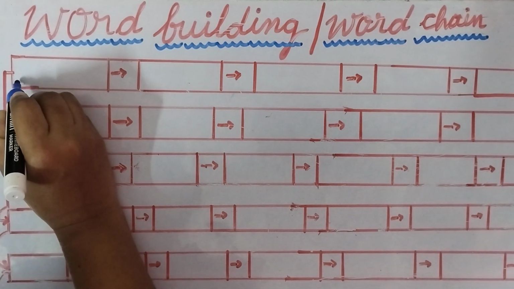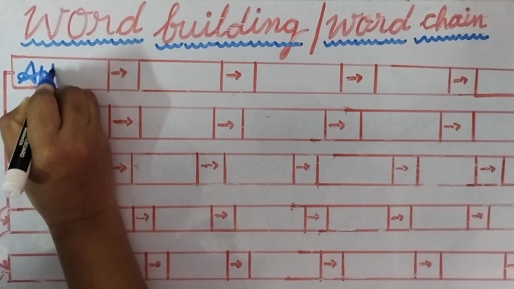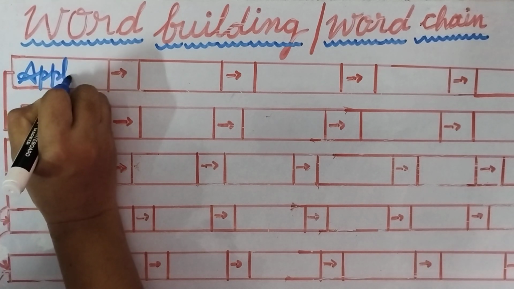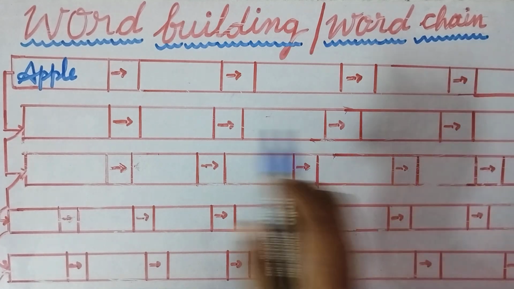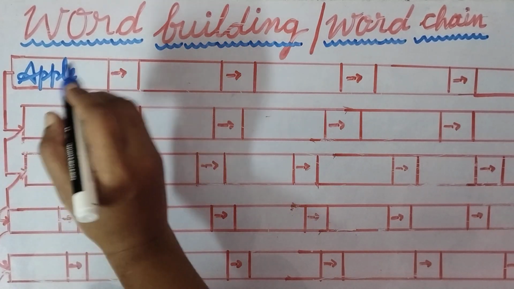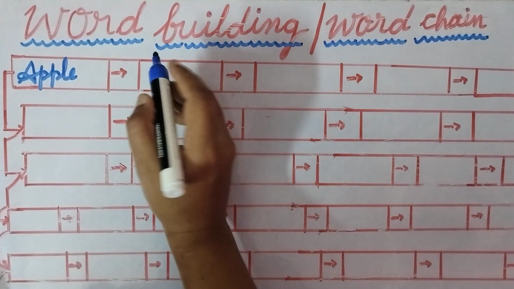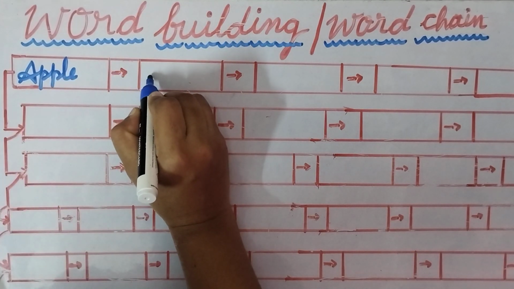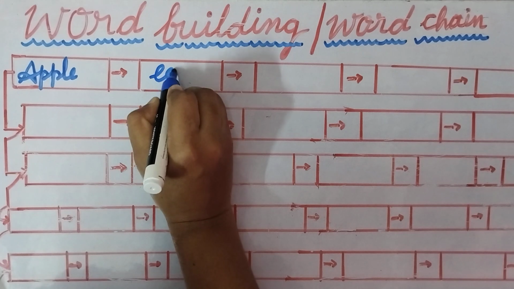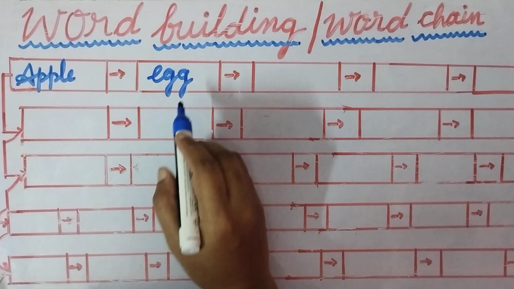Apple, A-P-P-L-E, apple. The last letter is E, so the next word starts from the letter E. E for egg, E-G-G, egg.